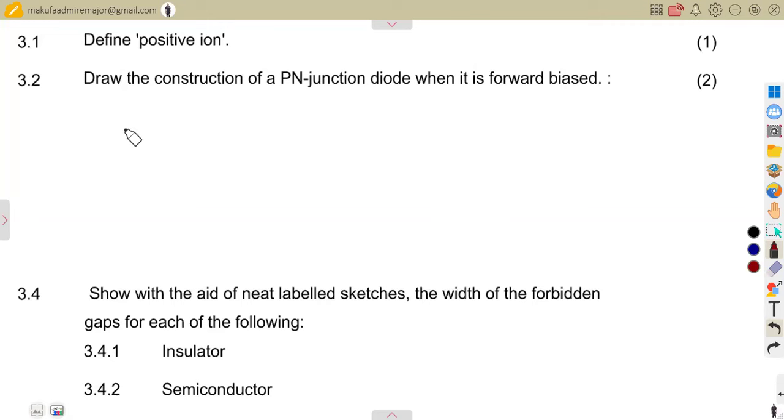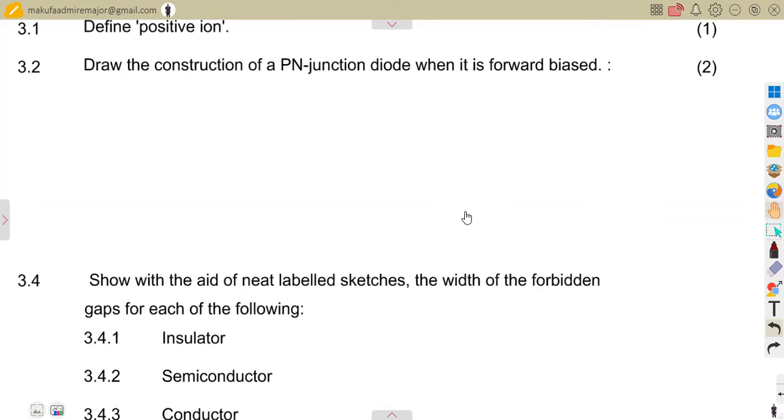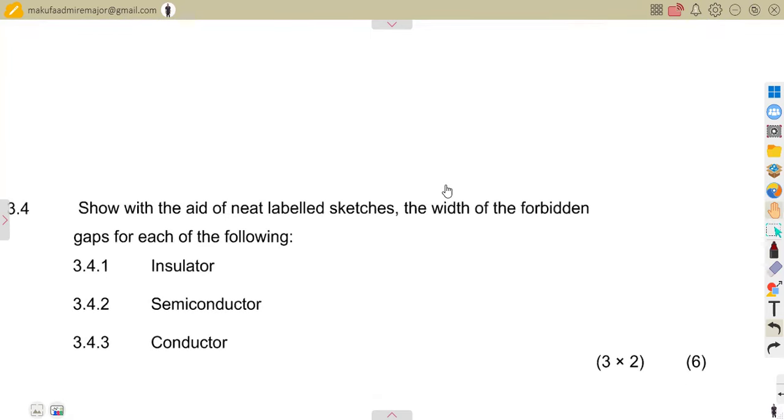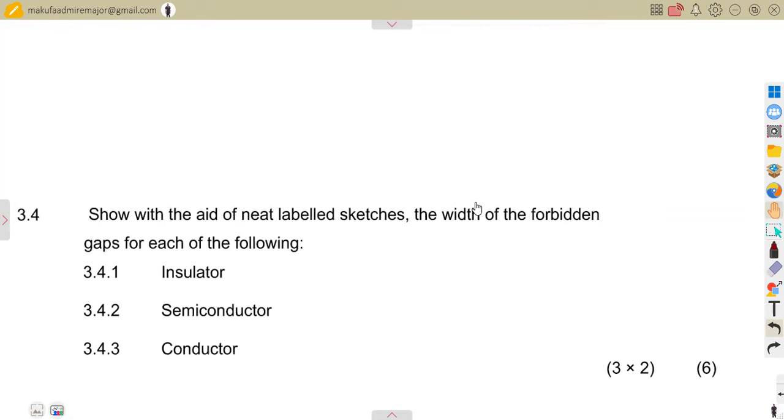We are going to start with an understanding of the composition of matter. I hope that by the end, you will have the knowledge required to answer any typical question you are given, as long as it has to do with semiconductor physics.